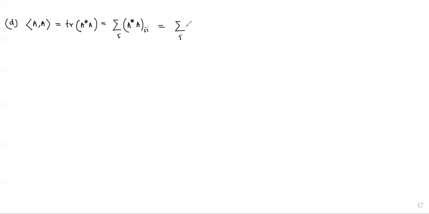Fourth property. Summation over i, k of mod of a_ki whole square, which is equal to a_ki bar a_ki.